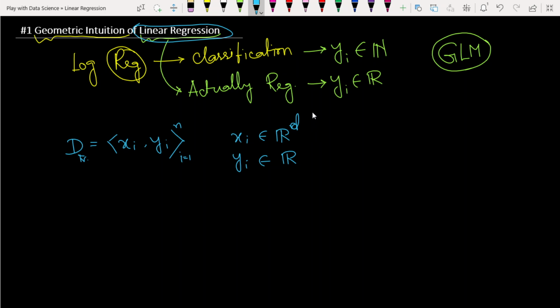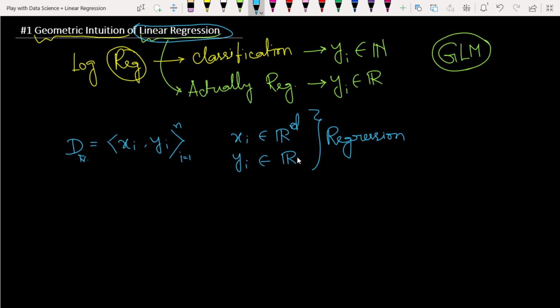because we are doing regression. You have seen that in logistic regression, the actual output yi is not a real number. It is from a set of natural numbers, that is -1, +1 or 0, 1, or for multi-class classification something else.